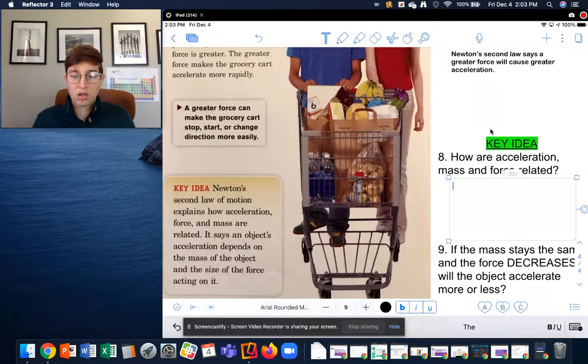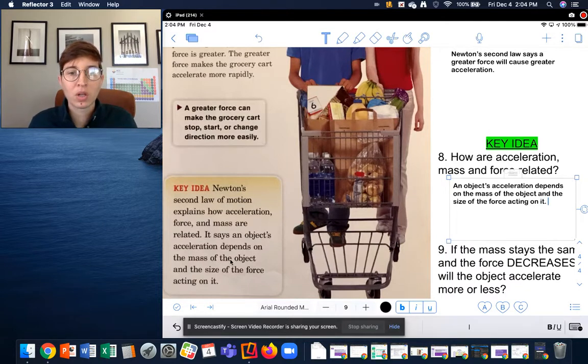So Newton's second law says that an object's acceleration depends on, or is related to, the mass of the object and the size of the force acting on it. Okay, that's over here in our key idea. Right, so the more mass an object has, the more force you're going to need to accelerate it.